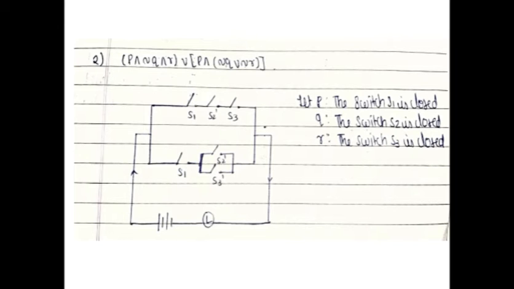Next, second, we have given the question: P and negation of Q and R, or means they are connected in parallel, and P and negation of Q or negation of R. The first necessary condition is we have to first take P, the switch S1 is closed, Q the switch S2 is closed, R the switch S3 is closed.